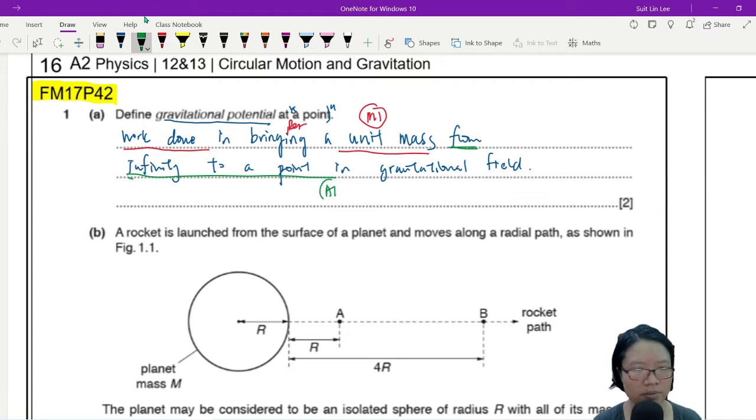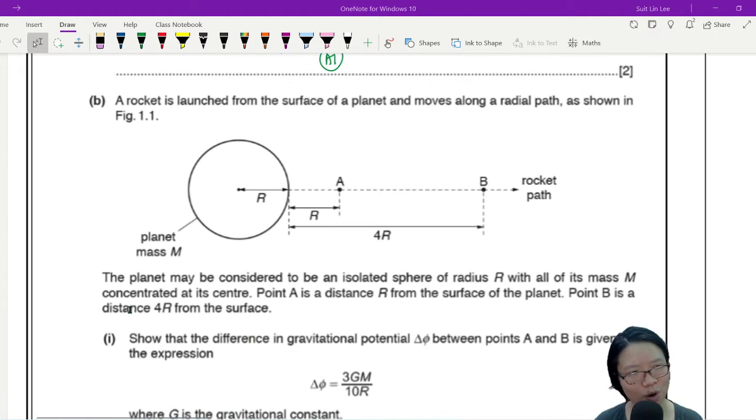This is A1. You can only get your A1 mark if you score your M1 mark. Because think about it, from infinity to a point in a gravitational field sort of makes no sense. So that's why they are quite strict with definitions, as they should be, because this is a scientific understanding that definitions are mutually agreed upon.